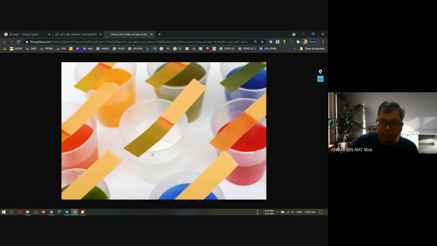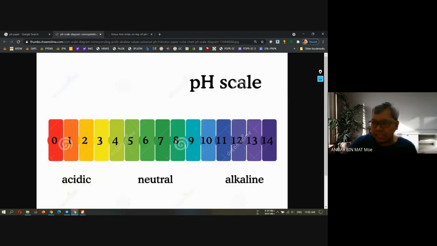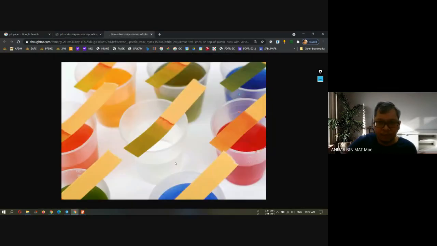And then you can cross-check the color that is changing in the pH paper with its reference, the nearest color. This way you can estimate the value of the pH, whether it is acidic, whether it is alkali, whether it is a strong acid, or whether it is a light acid, by using the color code over here.